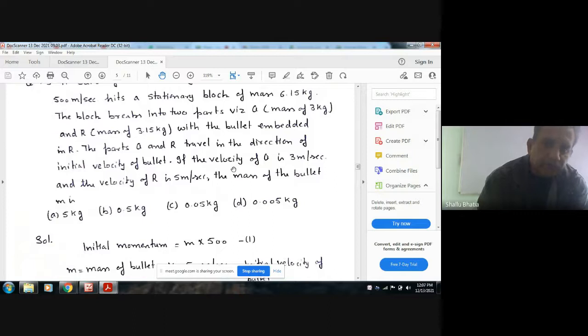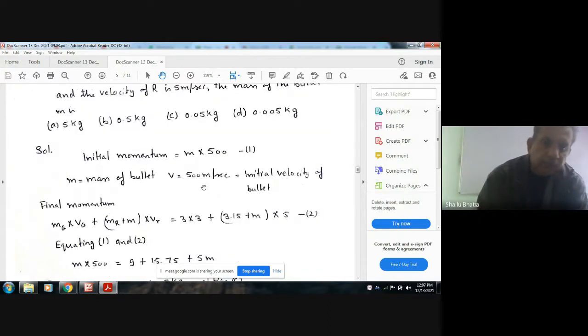The velocity of Q is 3 meters per second and the velocity of R is 5 meters per second. So the final momentum will be the momentum of block Q, mq times vq, plus the momentum of block R and bullet, (mr plus m) times vr. Putting in the values: 3 times 3 plus (3.15 plus m) times 5.